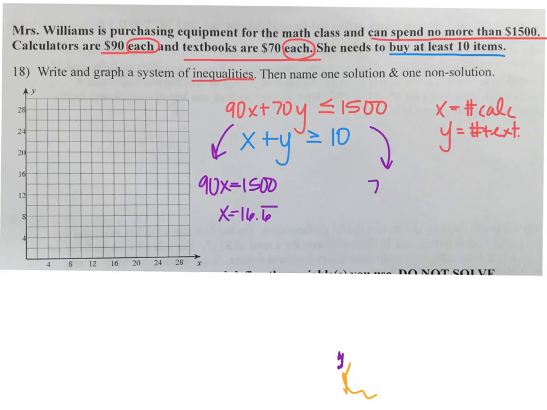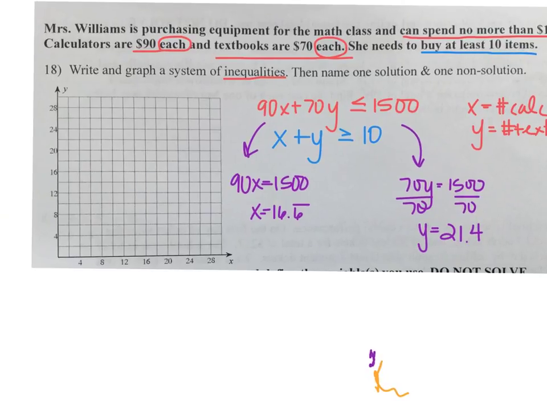And then on the other one, 70y equals 1500. This is exactly what we did last week. And we actually did this earlier this week too. So on this intercept, I'm getting 21.4. So we're just going to estimate when we're graphing, get as close as we can get. So 16, a little over 16, a little over 21.